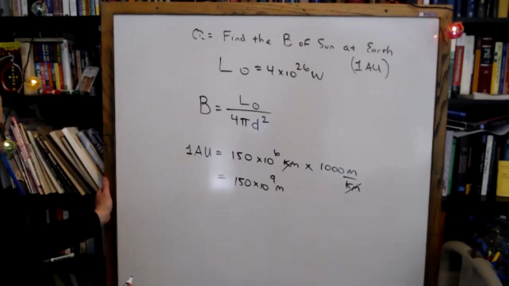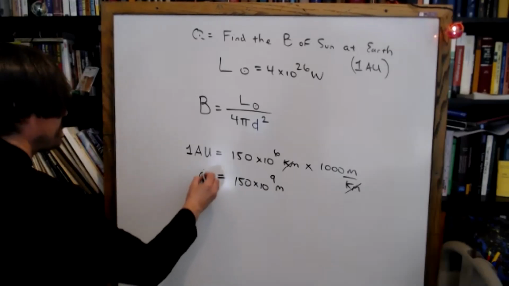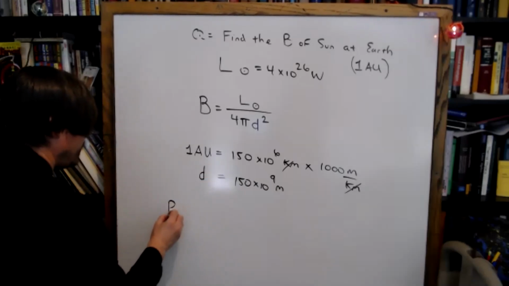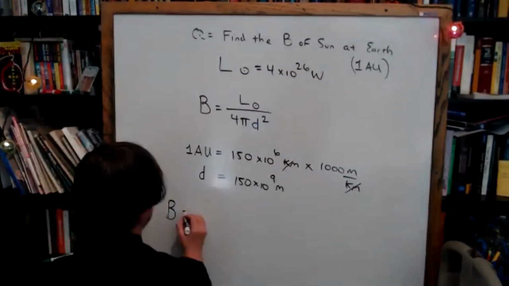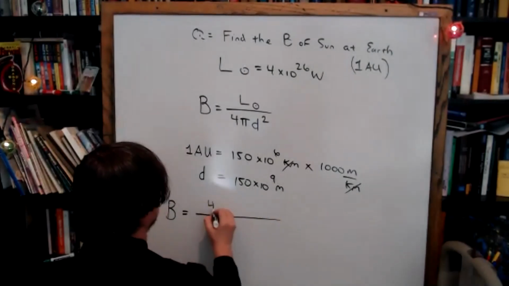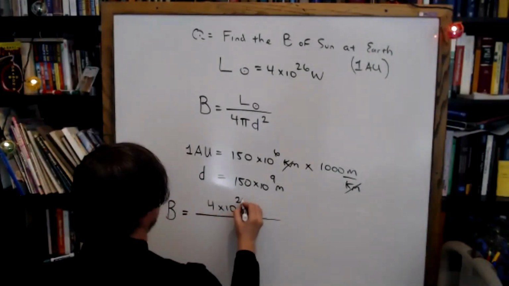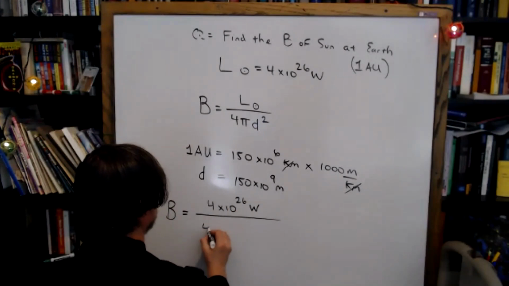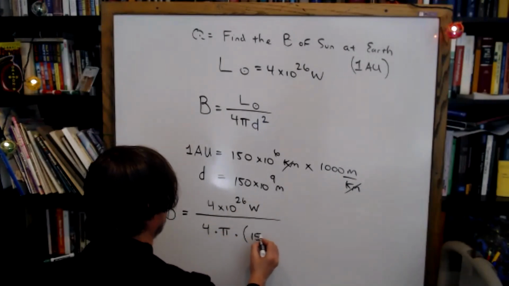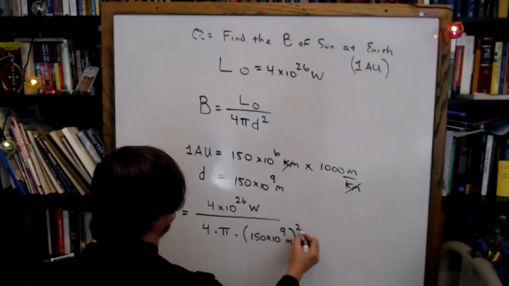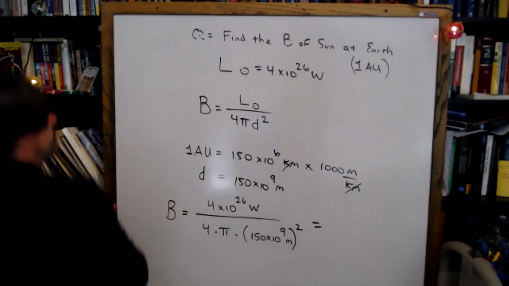That's what we're going to plug in for our distance. So the brightness of the sun at Earth will be 4 times 10 to the 26 watts over 4 times pi times 150 billion meters squared.